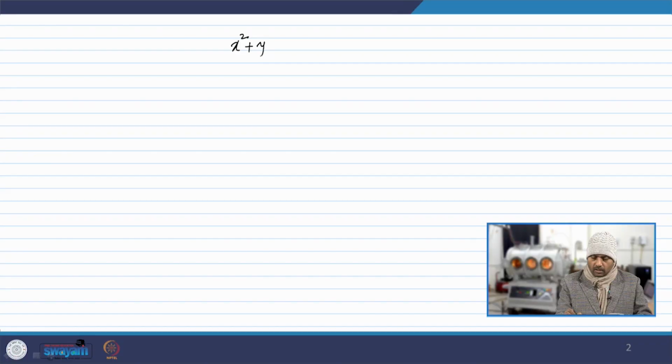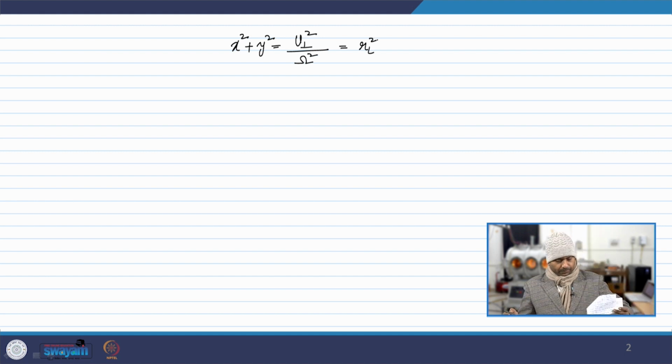So, if I remember correctly, we have x square plus y square equals v perpendicular square divided by omega square, which is equal to RL square, right. So, this is the equation of a circle, right. So, the particle is moving in such a direction, and from here we have also derived what is RL.